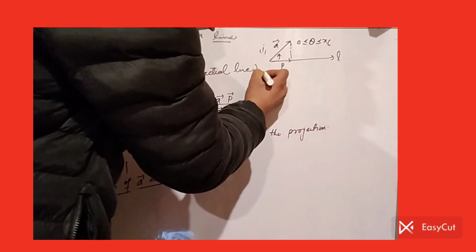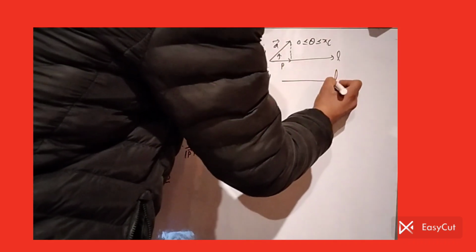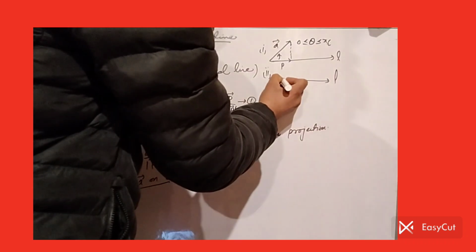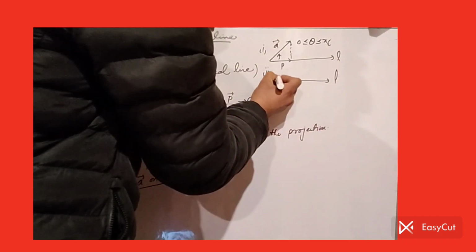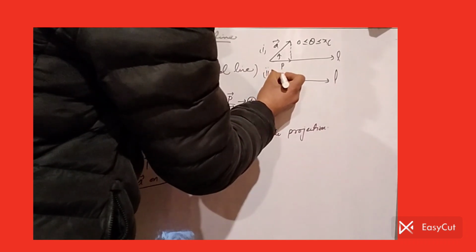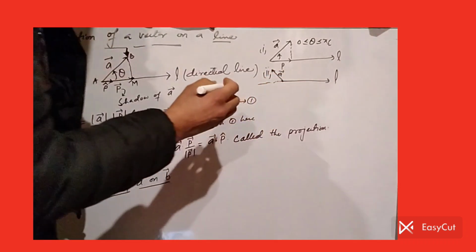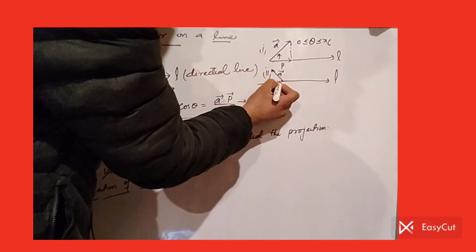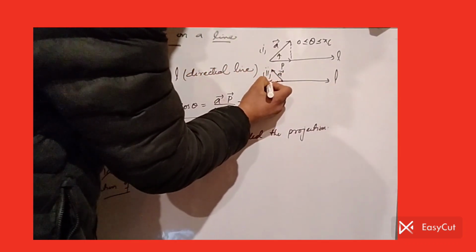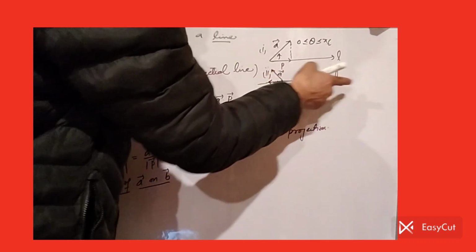In the second case, if this is the directed line segment and this is your vector A, then the direction of projection must be opposite to the directed line, because the direction of the directed line is in this direction.